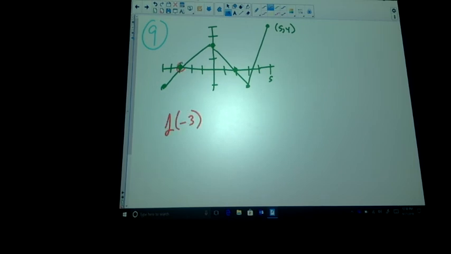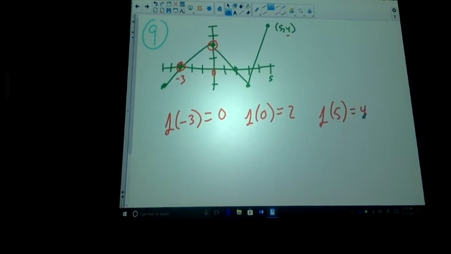So what is this value right here? Because that's -3. 0. Good. F at 0. So what is this point? Because this is 0. 2. Making sense? And then F at 5. There you go. Perfect. You're getting it.